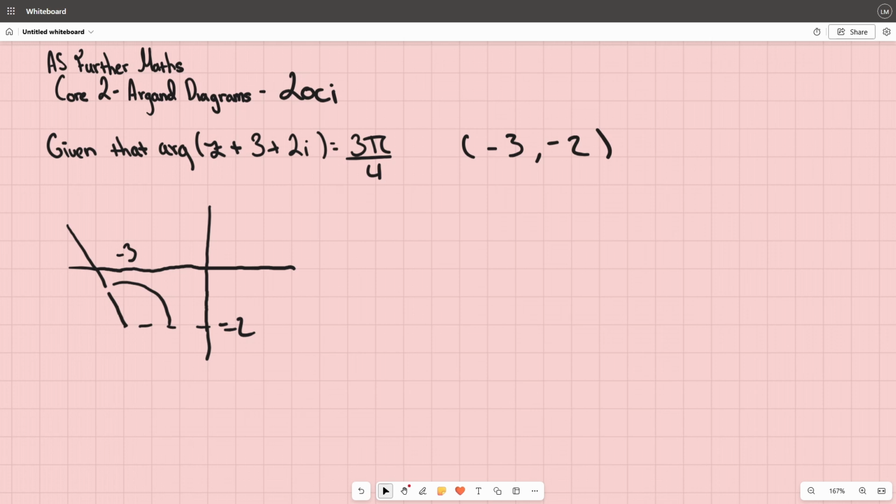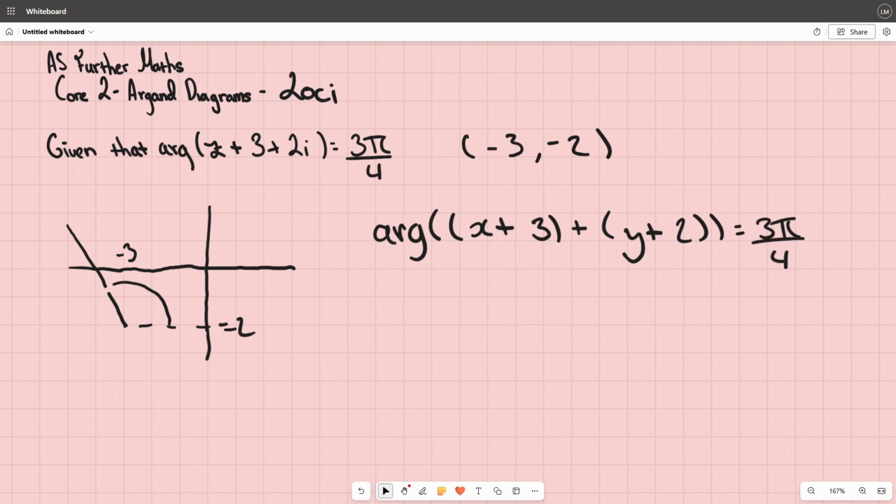Anyway, so we've sketched it, and the next part of the question is to find the Cartesian equation of the locus. We do this by first separating the real and imaginary parts. So we have arg of (x plus 3) plus i(y plus 2) equal to 3π/4, and you can take out the i because the argument is unaffected.